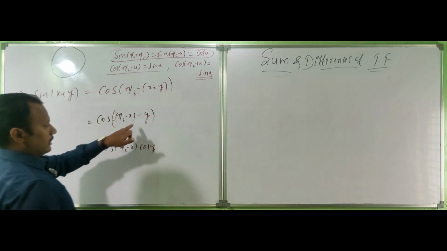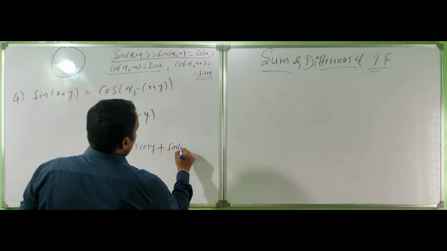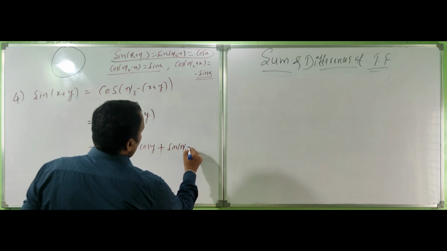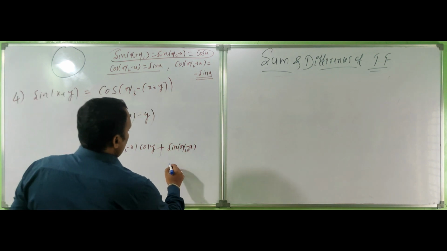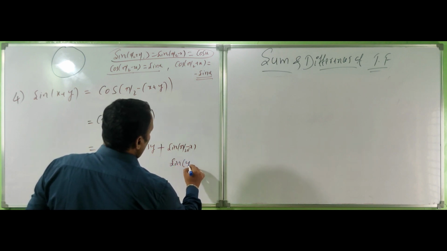The minus is there, so you have to write plus sin of pi by 2 minus x times sin of y.